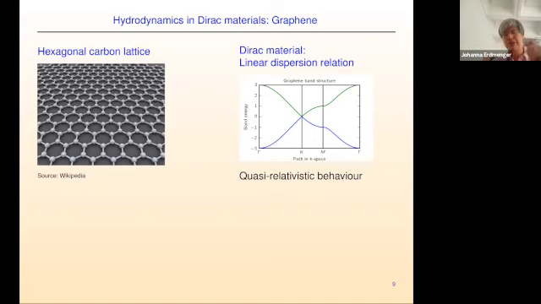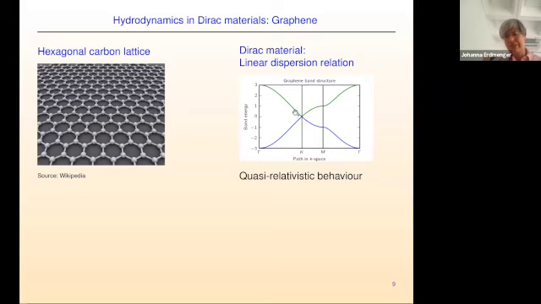Condensed matter physics people transform to Fourier momentum space, and then there's this so-called band structure which gives you the dispersion relation of the electrons moving in this lattice. And so the interesting thing about this graphene is that there are some points where the two bands, I mean the valence and the conduction band, touch.